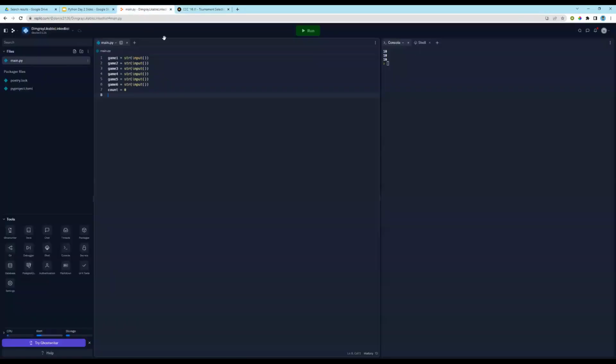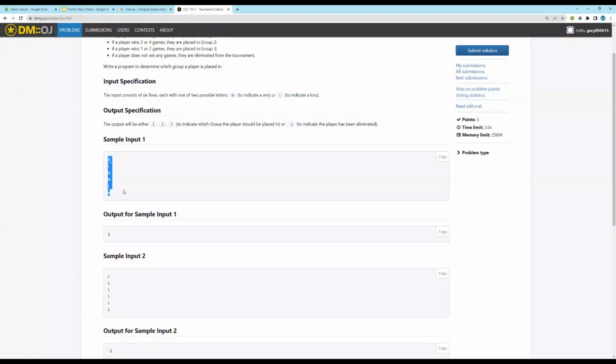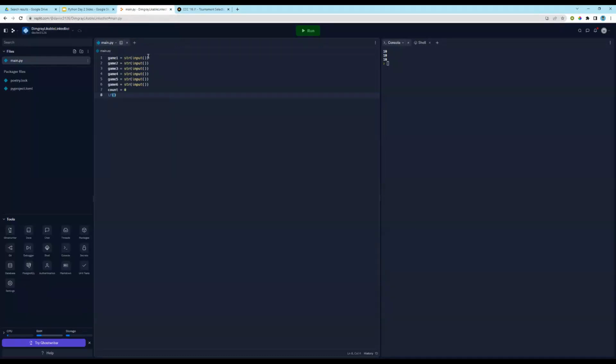So first of all, obviously we have to evaluate whether the input is a win or a loss. So all I have to do here is if game 1 equals, I think Python should be equals. So if game 1, again, remember the equal sign means we're evaluating whether the 2 values are the same.